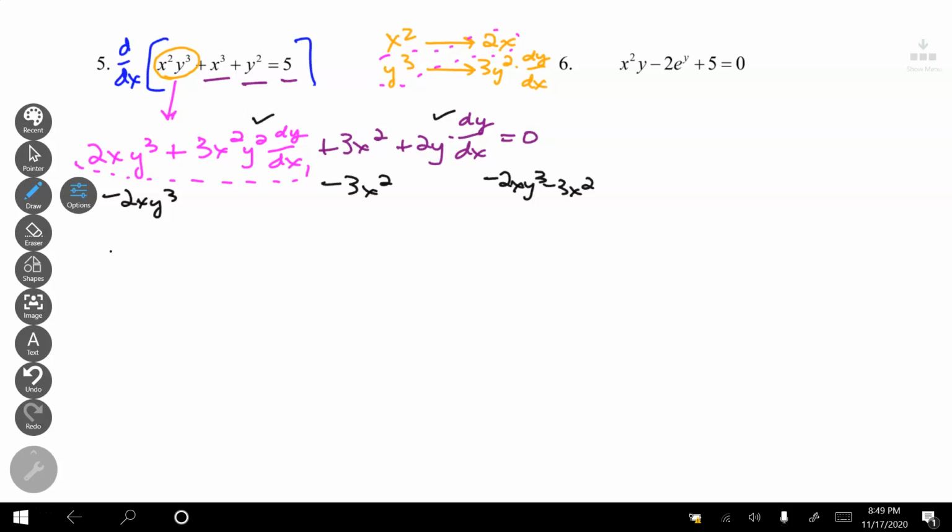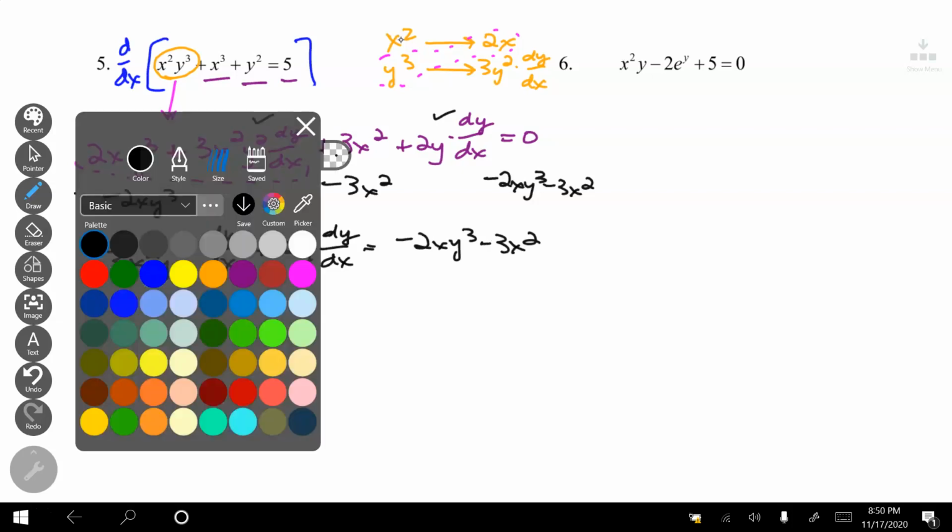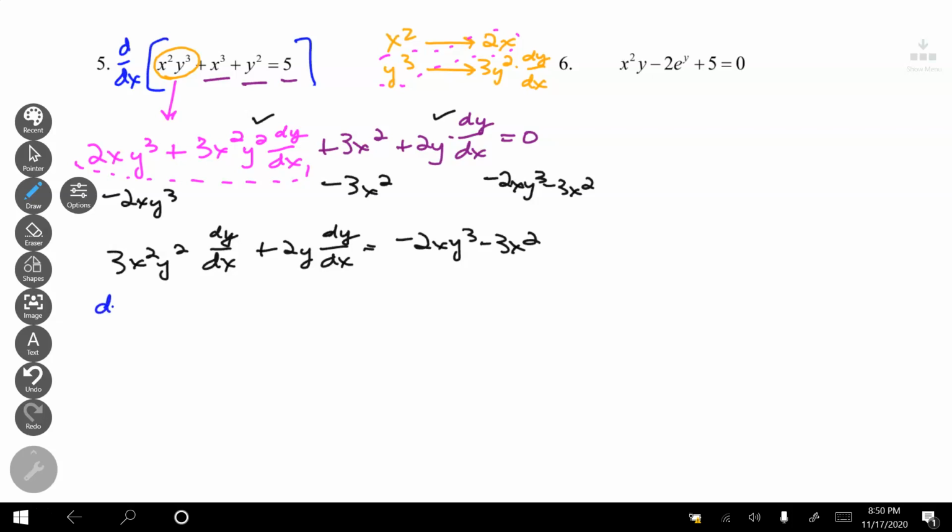So right now I have 3x squared y squared dy over dx plus 2y dy over dx is equal to negative 2xy cubed minus 3x squared. I can factor out my y prime, or my dy over dx. I get 3x squared y squared plus 2y is equal to negative 2xy cubed minus 3x squared.